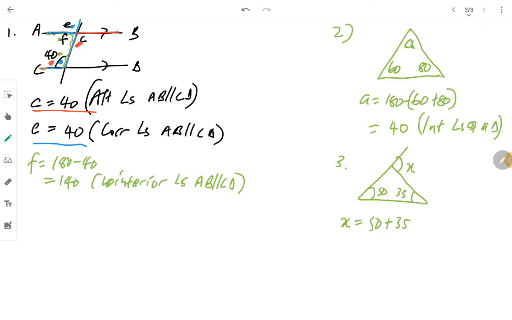And what is the reason? Exterior angle of a triangle is equal to sum of opposite interior angles. So if you look at this, these are the opposite interior of that exterior angle. So it means this is equal to 85 degrees.